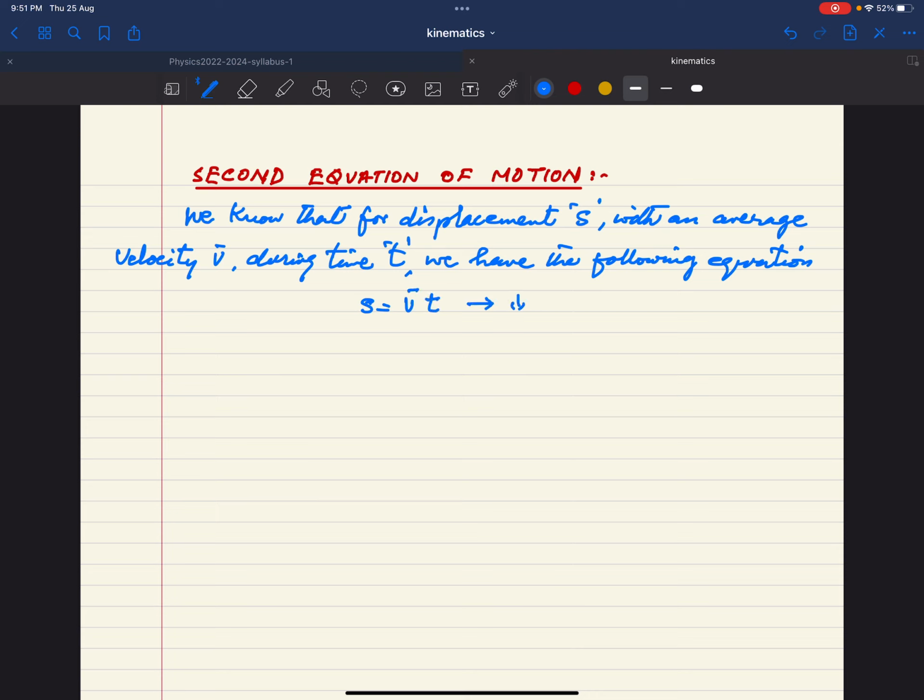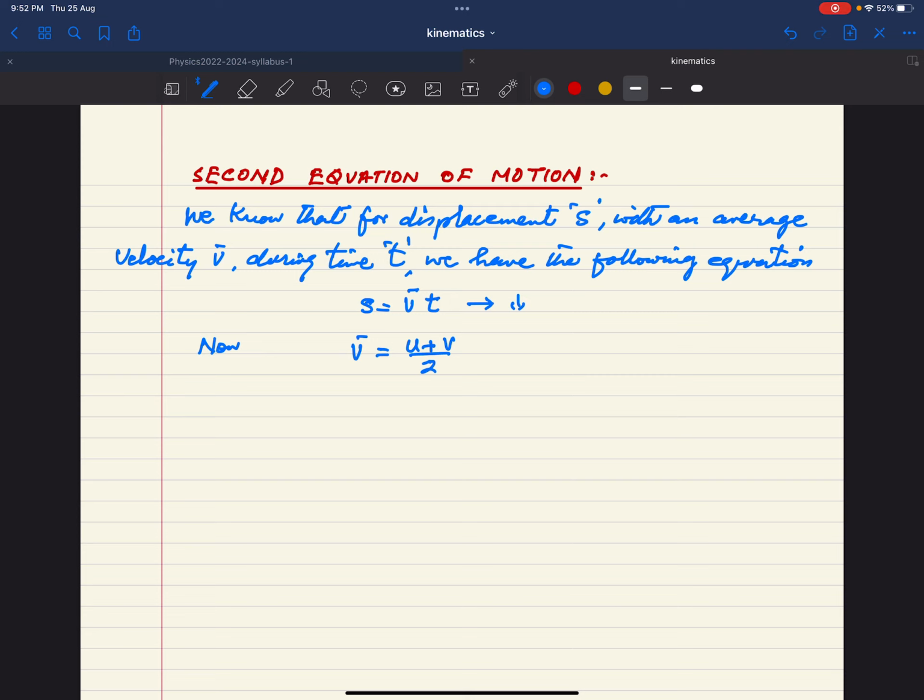So this is our first equation or initial equation, you can say. Now, as I have already told you, v bar is nothing but u plus v divided by 2, because you have started with an initial velocity and moved to a final velocity, so we get the average velocity in this way.